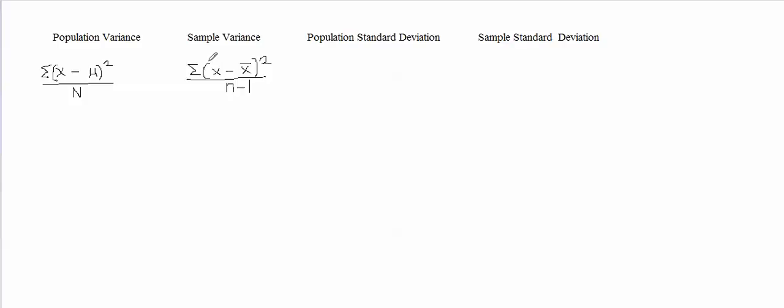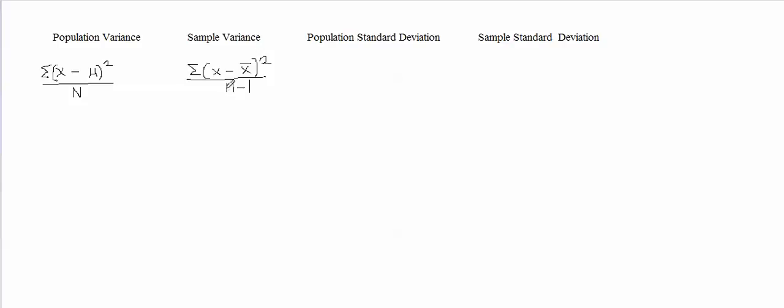So this formula is telling us to subtract each data value by the sample mean and square each of the answers, and then add all of the squared answers, and then divide the total that you get on top by 1 less than the number of people in the sample.